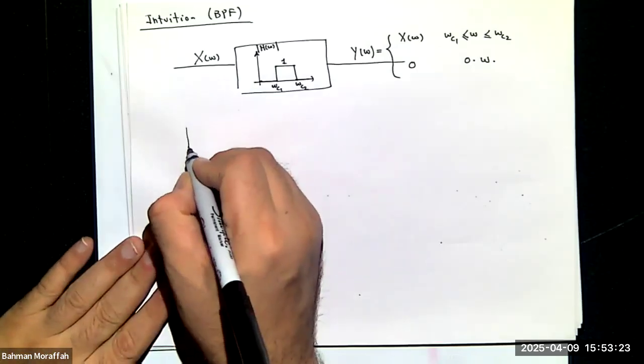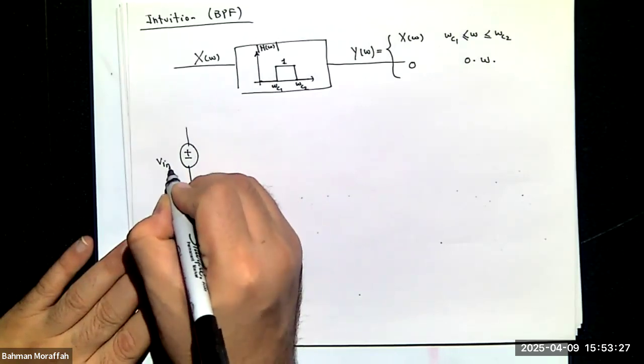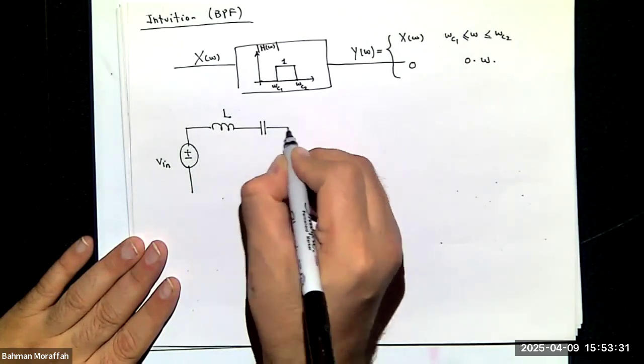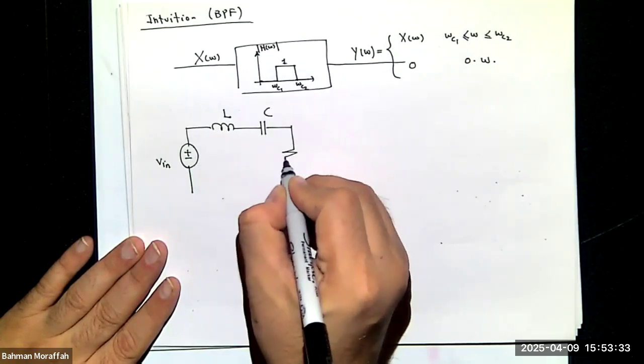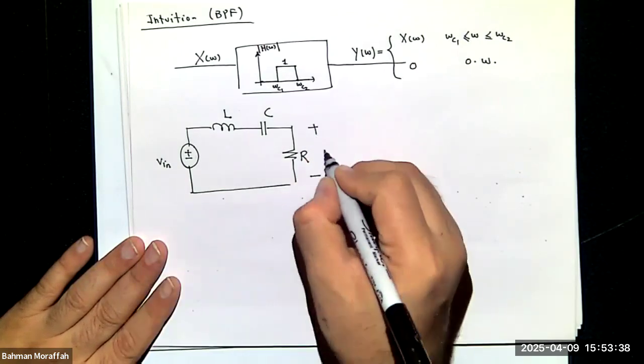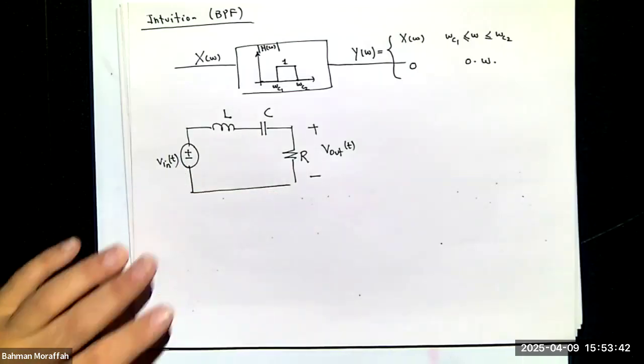So let's just say I have this circuit. I have some input. I have an inductor with value L, a capacitor with value C, and my resistance over here, R. And I have the voltage across R as my output.